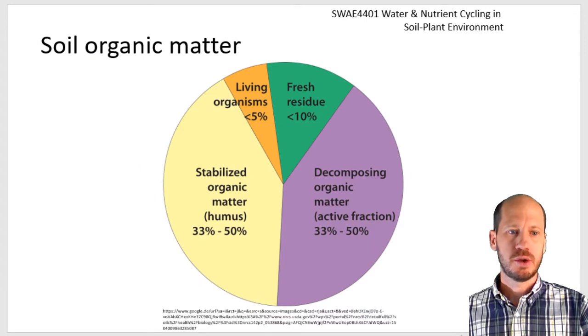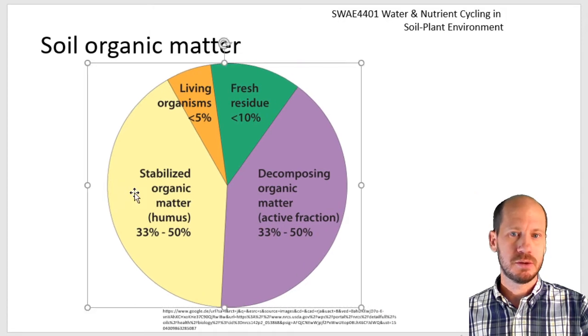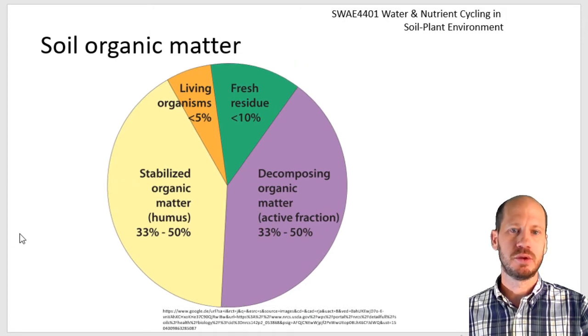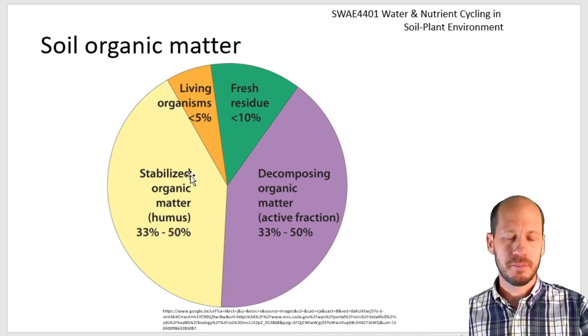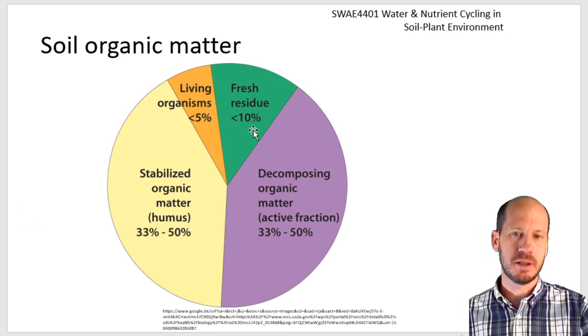All right, so before we move to talk about clays and other types of colloids, we're going to talk about organic matter. Organic matter is very complex, and it's strongly conditioning the availability of nutrients to plants. We can classify organic matter into different types.